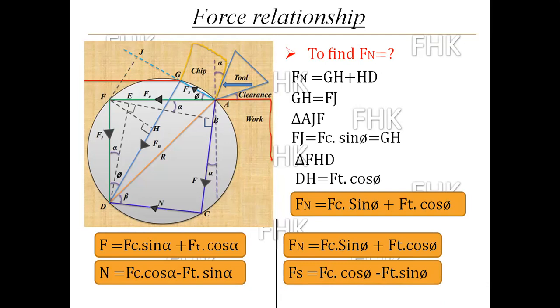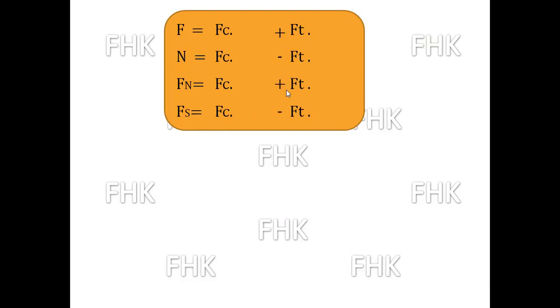So to avoid confusion in the examination, here is how to remember these formulas. First of all, you write F, second N, third FN, and fourth FS, in the same sequence. Then FC FT, FC FT, FC FT, FC FT. Then plus minus plus minus.